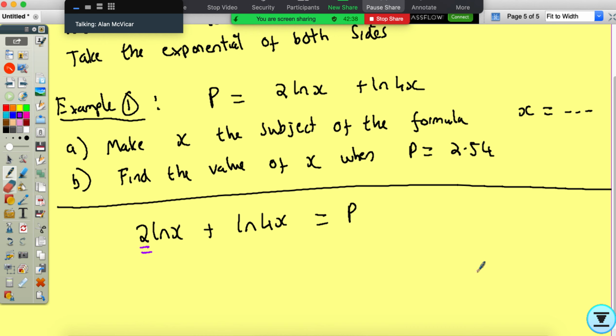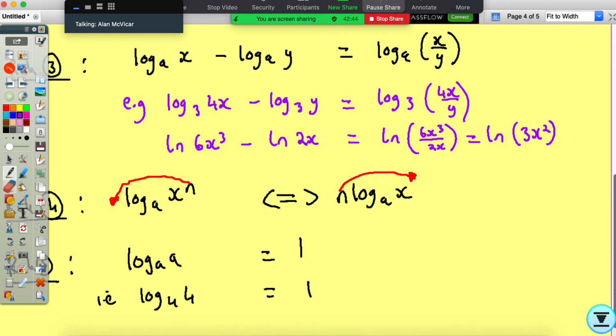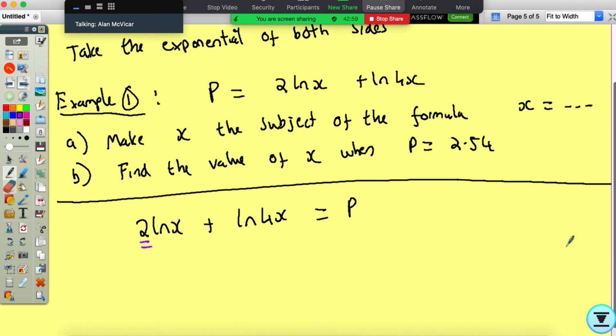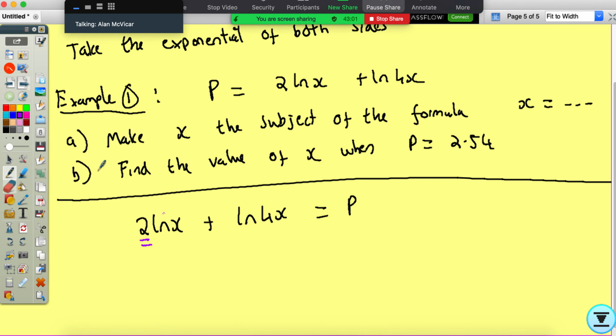I've got a rule though, remember, that I can take a number from in front of a log and make it the power of the expression inside the log. So I can move that 2 from here and put it up to here.